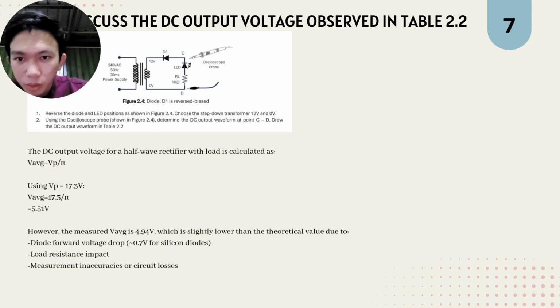So the DC output voltage for half wave rectifier with load is calculated as V average equal to Vp over pi. So we got 5.51 volt. However, the measured voltage average is 4.94, which is slightly lower than the theoretical value because of the diode forward voltage drop, 0.7 for silicon diode.